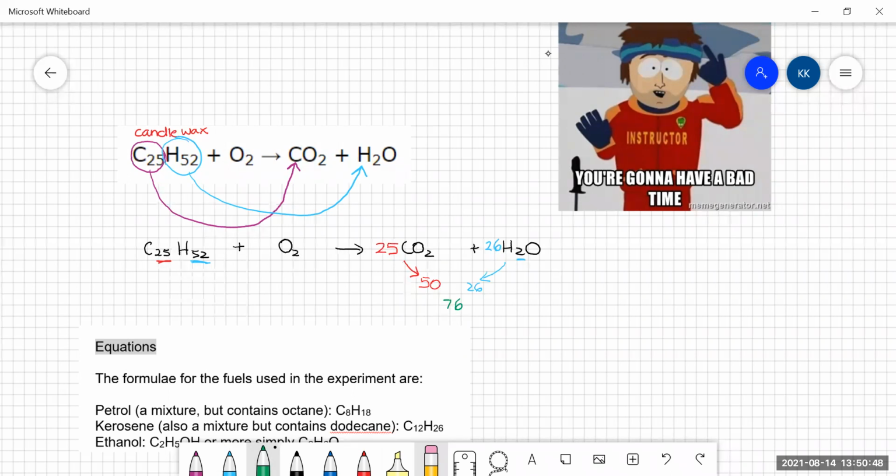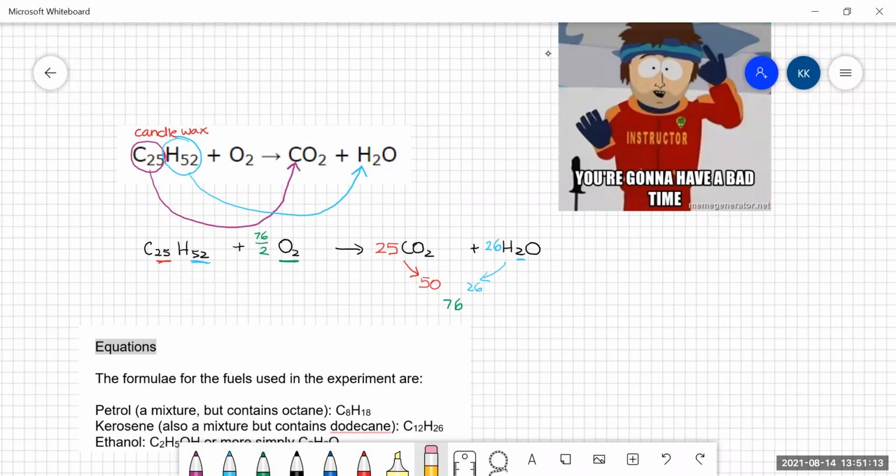When I go over to the oxygen in the reactants, I can see that each oxygen molecule has 2 oxygen atoms. So in order to get 76 oxygen atoms, I'm going to need half that number of oxygen molecules. So I'm going to need 76 over 2.